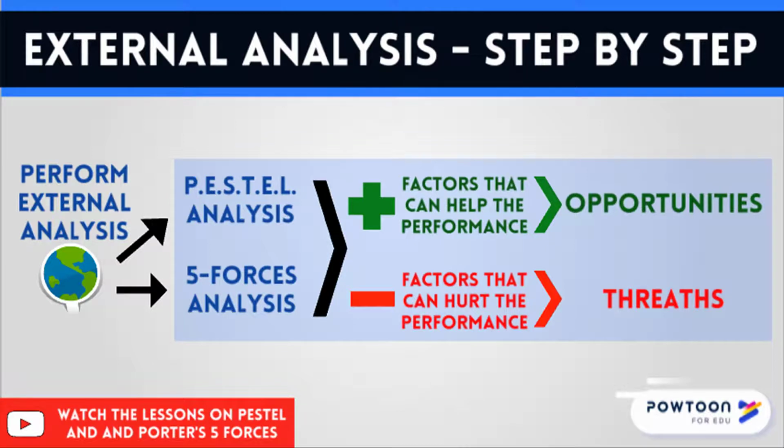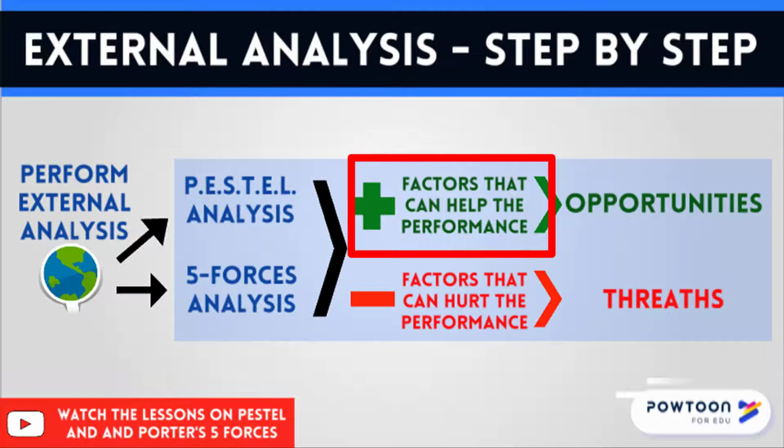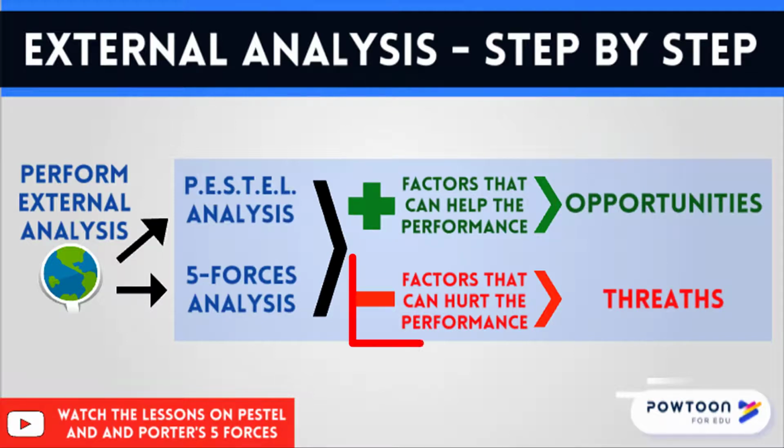If you use those two techniques, the PESTLE analysis and the five force, you'll be listing several factors that help the company performance. Those are classified in the SWOT analysis as opportunities. If from these two external analyses, PESTLE and five force, you identify things that may hurt the company, those are considered threats.